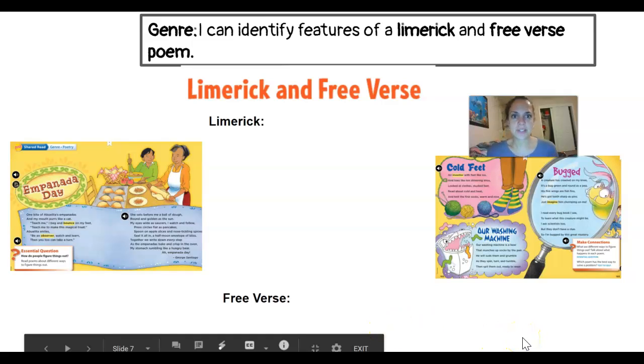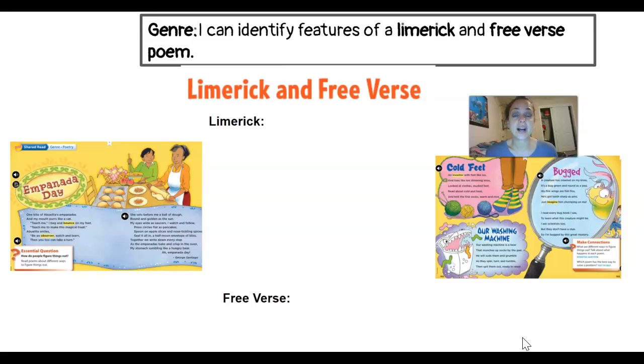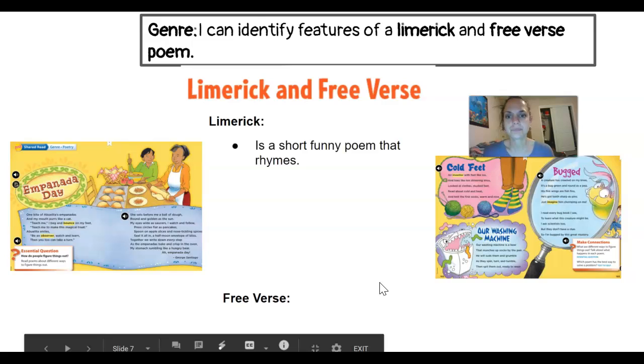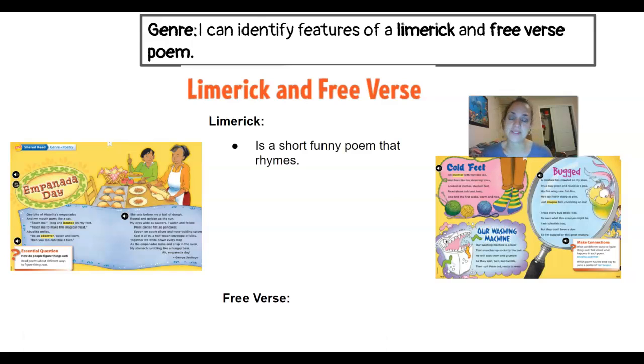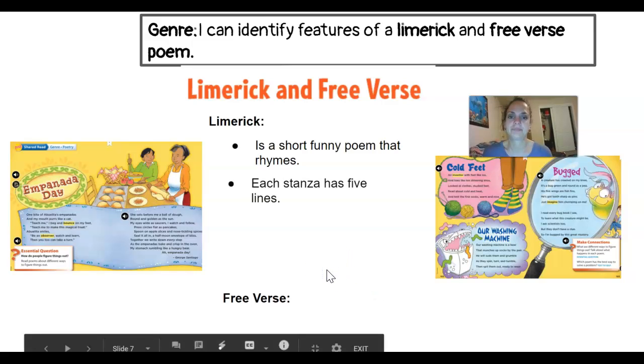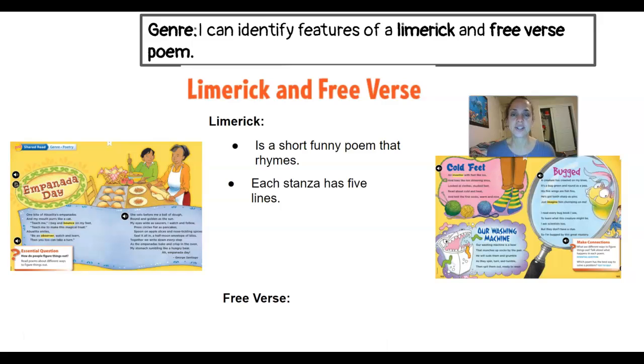So since our purpose is to identify features of a limerick and free verse, let's look at a limerick. What are some features of a limerick? It is a short, funny poem that rhymes. Each stanza has 5 lines. So a stanza is kind of like a paragraph, but it's in a poem.